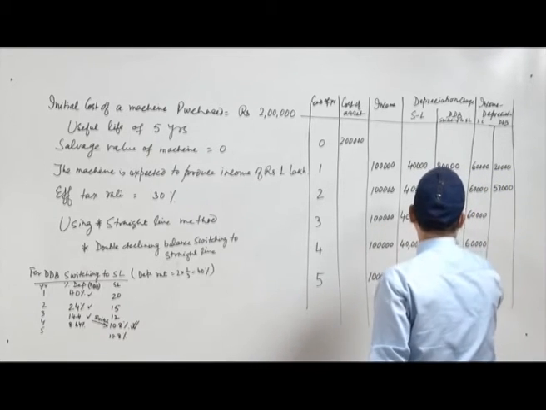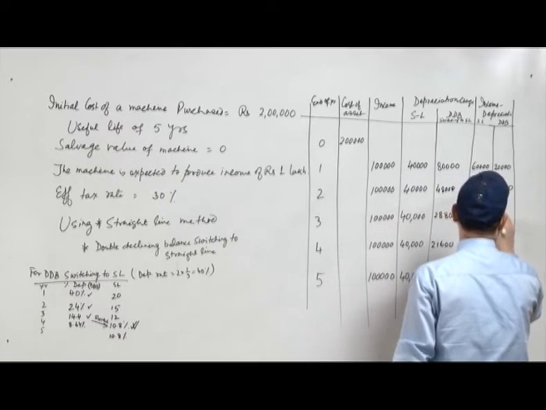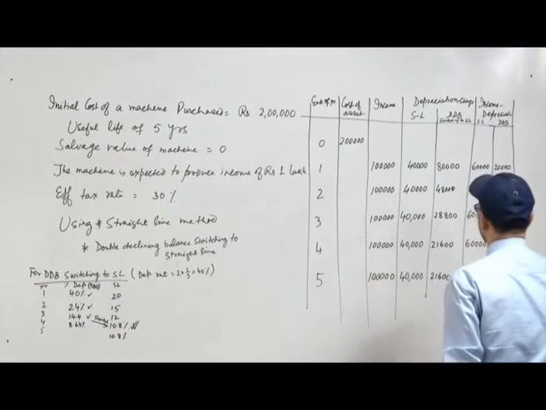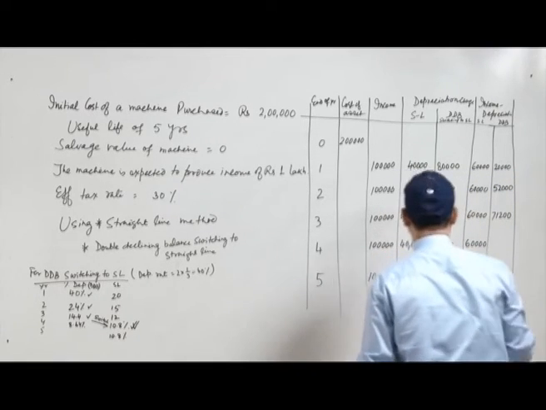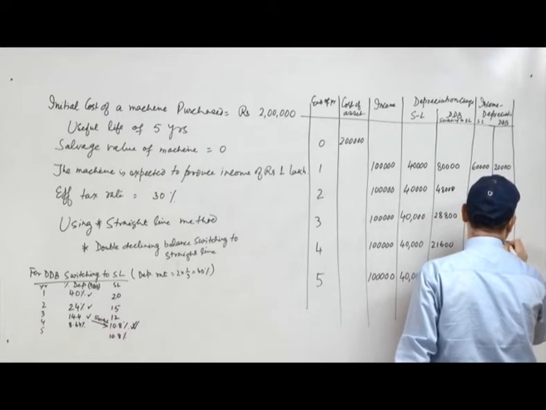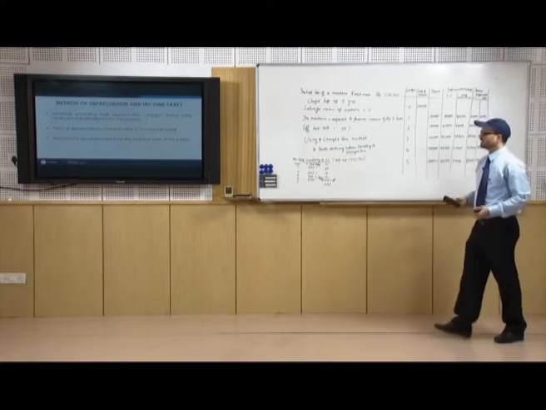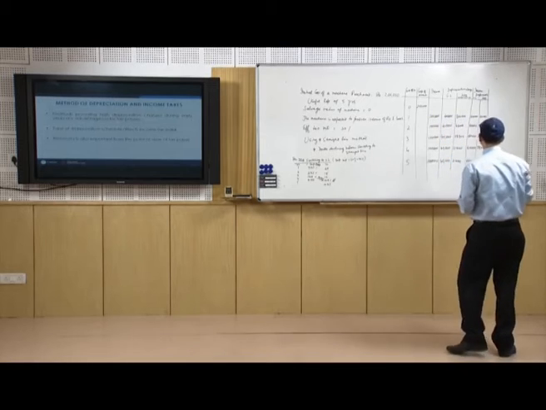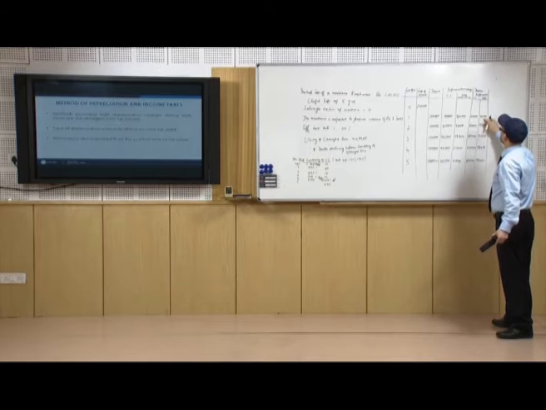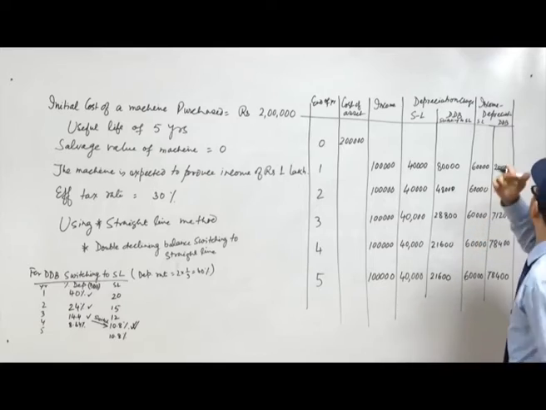Then 1 lakh minus 28,800, so it will be 71,200. 1 lakh minus 21,600, so it will be 78,400 and 78,400. So, this is the depreciation schedule, I mean the net income of the company or individual on which you have to pay the tax.